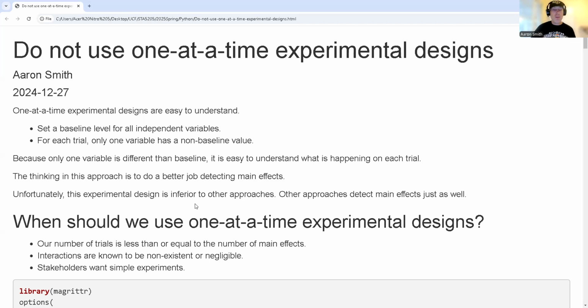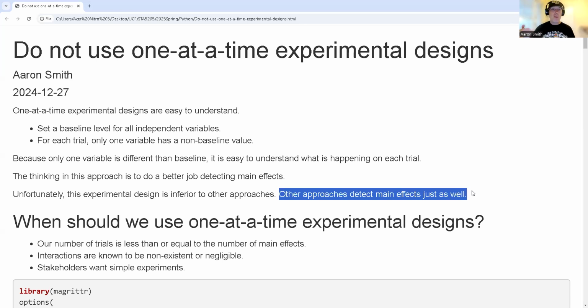This is inferior to other approaches, and in fact, other approaches actually detect main effects better, but those other techniques are going to be a little bit harder to understand in terms of the individual trial independent variable values. And so we need to judge what's going on and do what's best for our project. So you heard me say, do not use one at a time experimental designs.